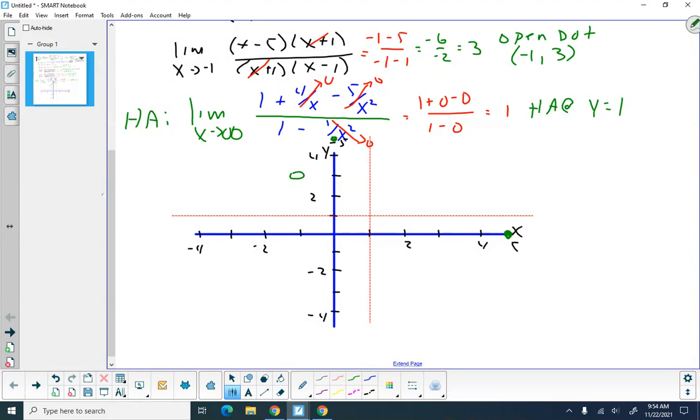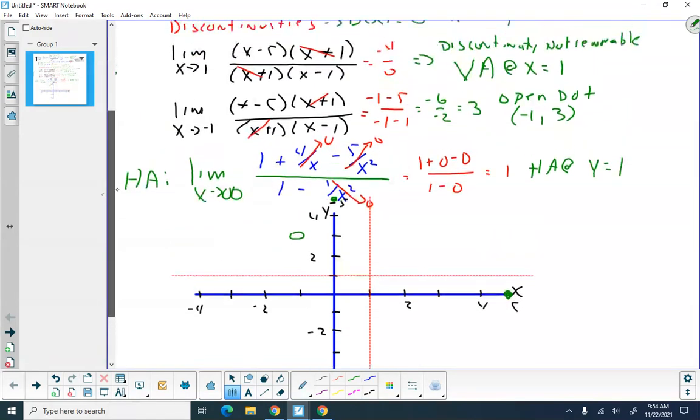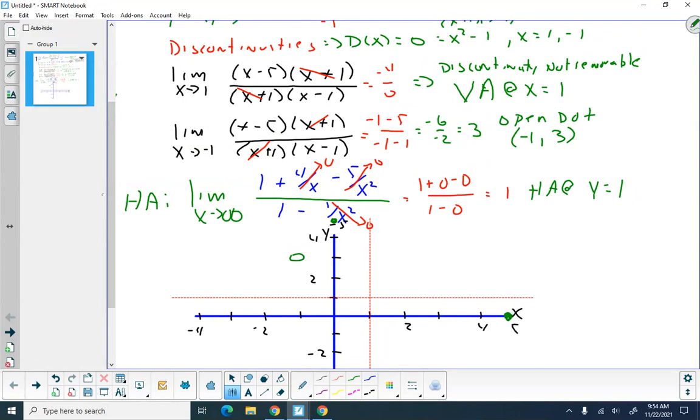So if I take a look at my graph, what's going to occur? As x gets bigger and bigger, I'm going to approach this horizontal asymptote. I will go through my open dot, I will go through my x-intercept also, but as I approach a value of 1, I'm going to approach this vertical asymptote.